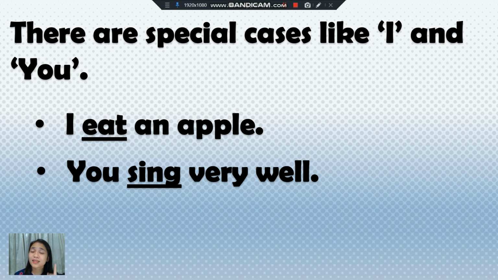Although I is a singular subject, it doesn't have an S in the verb. Always remember. The same thing with you. You can be singular or plural subject, case to case basis. That's why you only put sing without S because they are special cases.